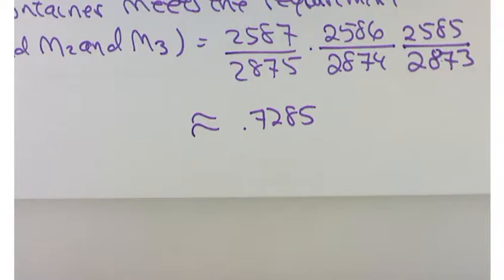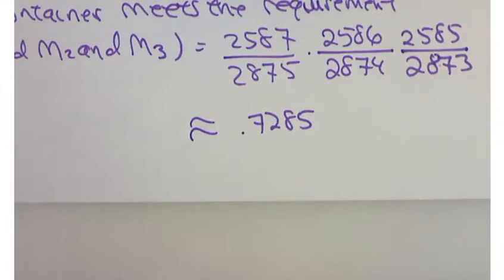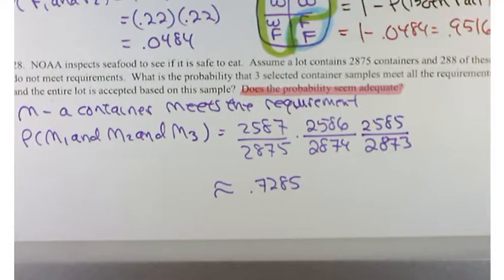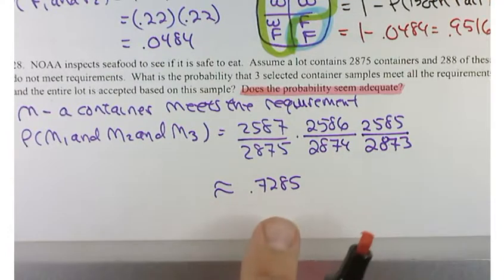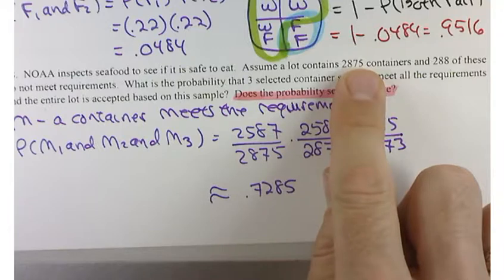So again, here's your author's social conscience. Does that probability seem adequate? There's a 73% chance that this batch would get passed, and that batch has 10% of the containers that don't meet requirements.